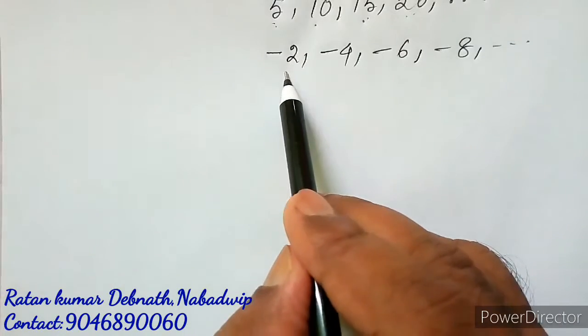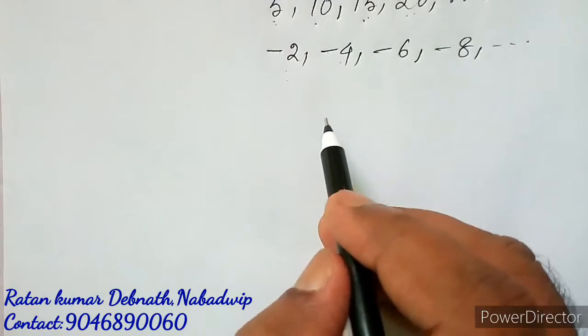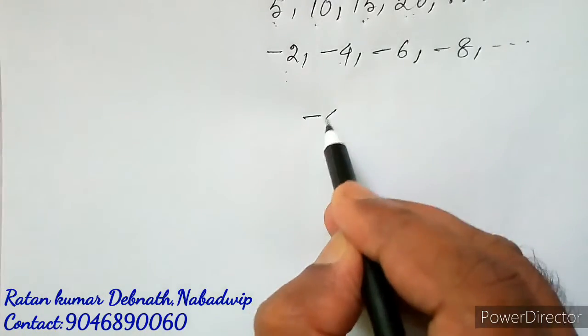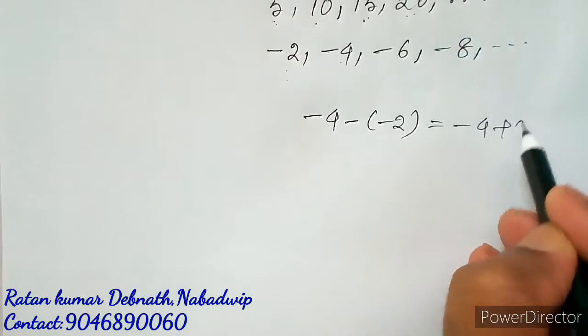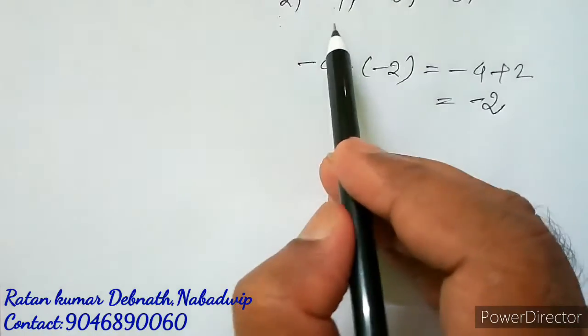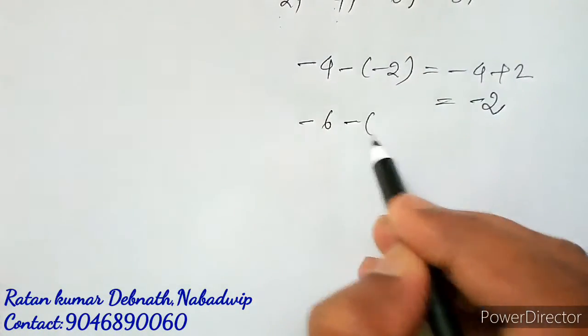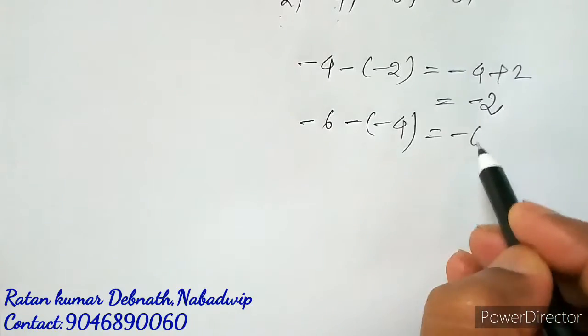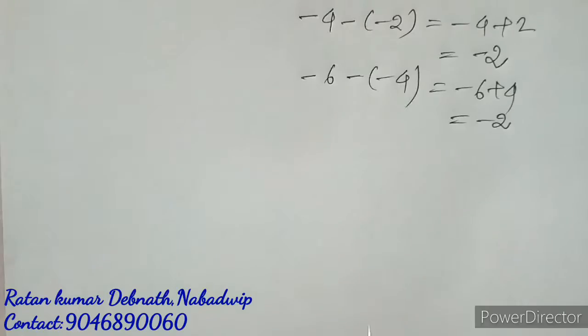The terms of the next series are -2, -4, -6, -8. Subtract the first term from the second one, you will get -2. Means -4 minus of -2, -4 plus 2 results in -2. Subtract the second term from the third one, -6 minus of -4, -6 plus 4 results in -2.